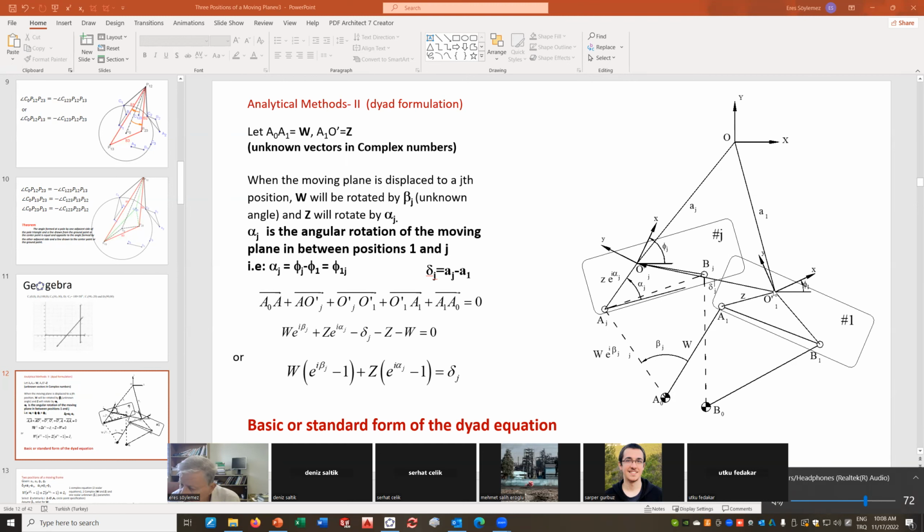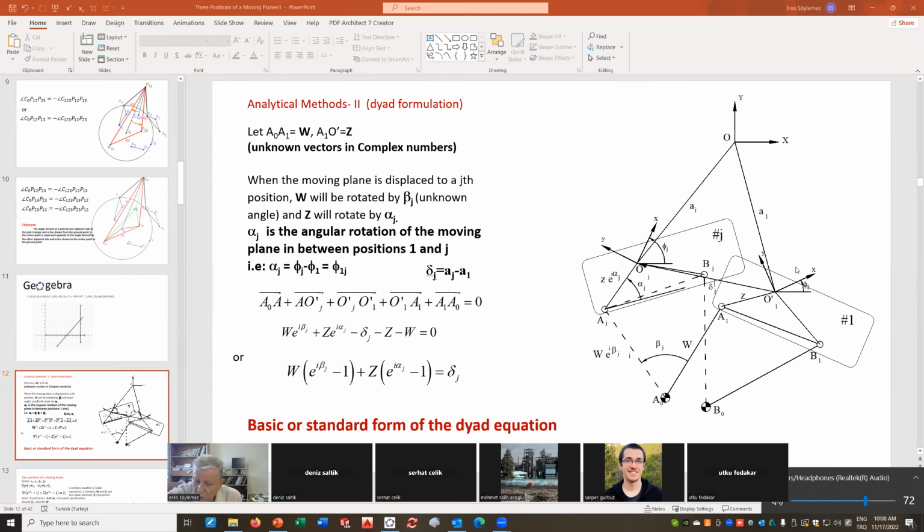This Z vector, whenever it has moved to position j, will be rotated by an angle alpha j that is equal to the angular rotation of the rigid body. Alpha j will be equal to phi j minus phi 1, because the whole rigid body rotates the same amount.